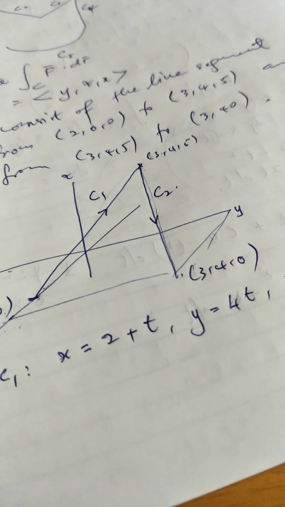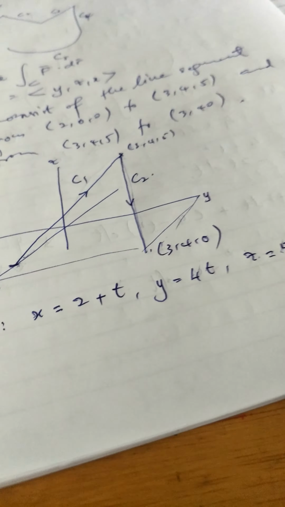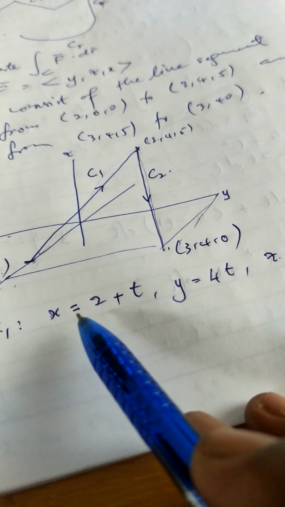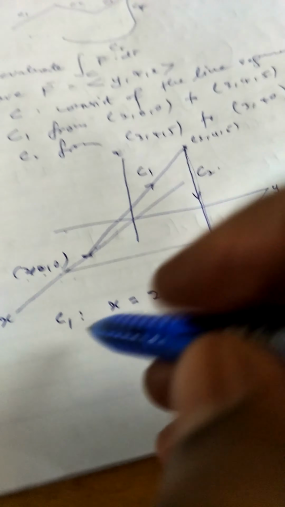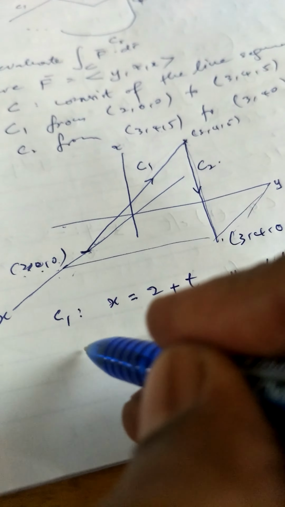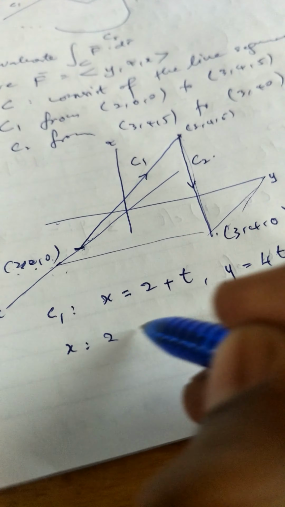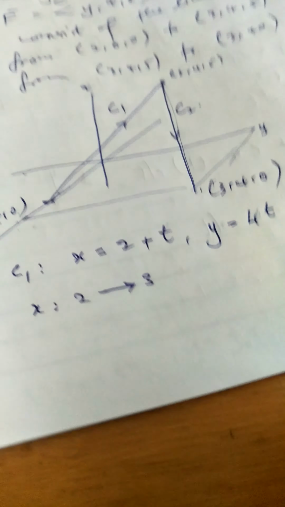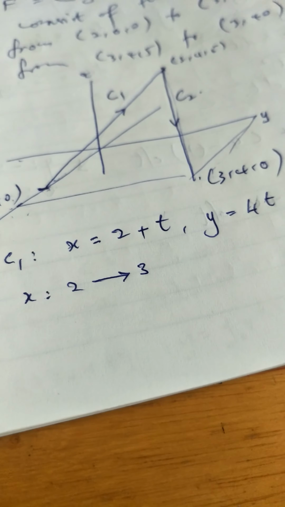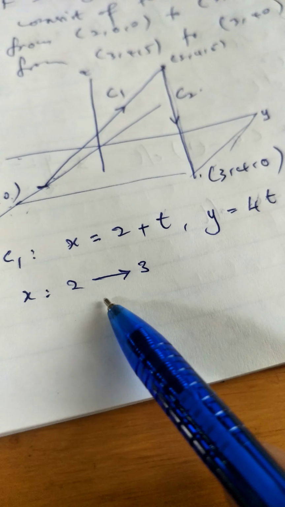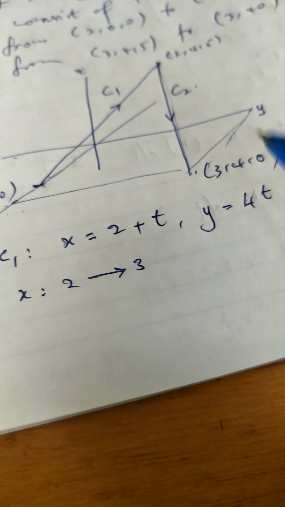Now what about t? We may use x from 2 to 3, or y, or z, but I think using z is much easier.